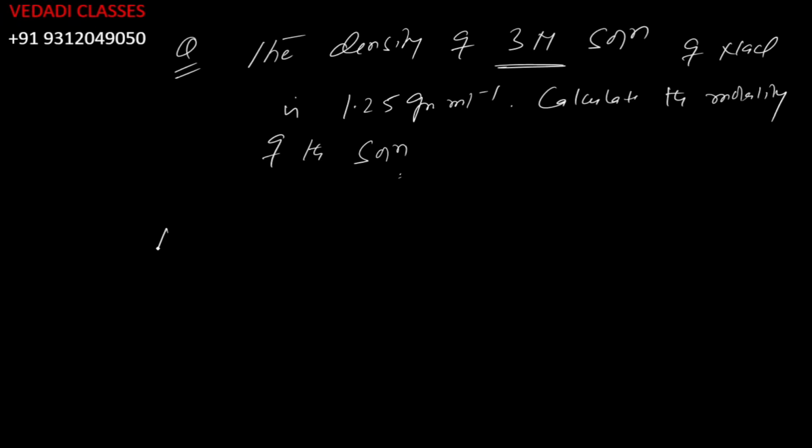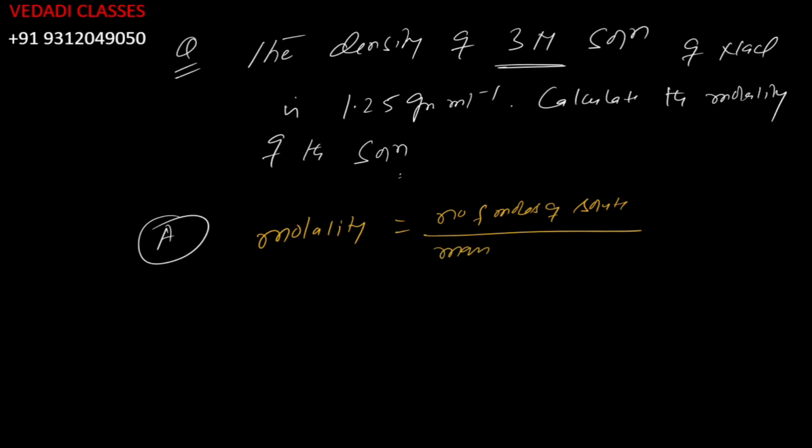For molality, if you remember, what is the formula of molality? Molality is equal to number of moles of solute upon mass of solvent in kilogram, or simply given mass upon molar mass into mass of the solvent in gram into 1000.